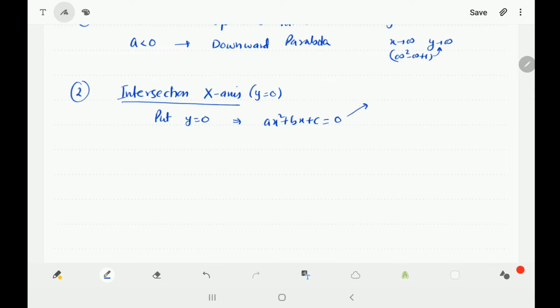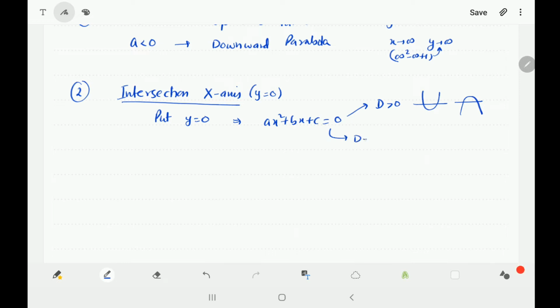Now if d is greater than 0, then we will have real and distinct roots. Then our parabola will be either of this kind or of this kind. If a is greater than 0, the parabola will be opening upwards and it will be intersecting the x-axis twice. If a is less than 0, it will be opening downwards and it will intersect the x-axis twice.